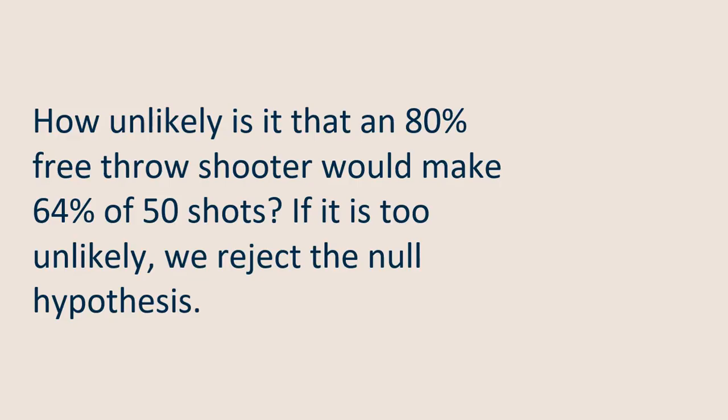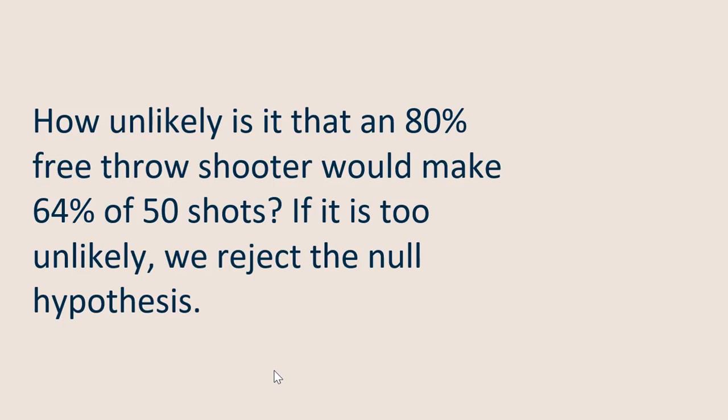So when we're doing hypothesis testing, here's the question that we're asking. How unlikely is it that an 80% free throw shooter would actually only make 64% of 50 shots? Okay, so if we assume Coach Rivers is an 80% free throw shooter, and then he goes out and makes only 64% of his shots, how unlikely is that?